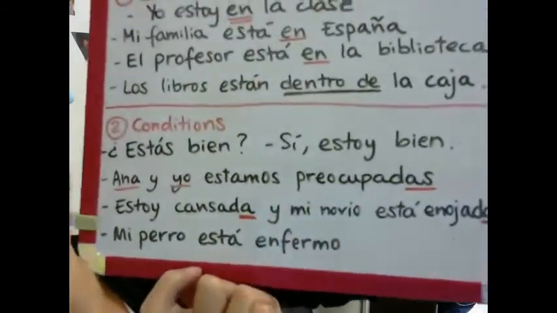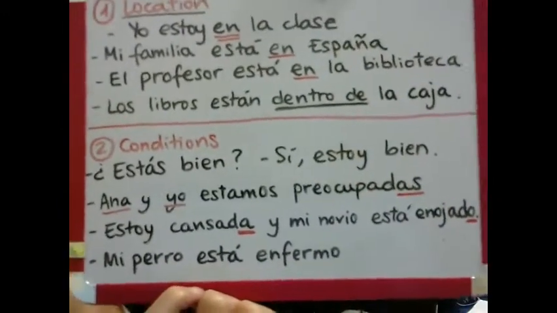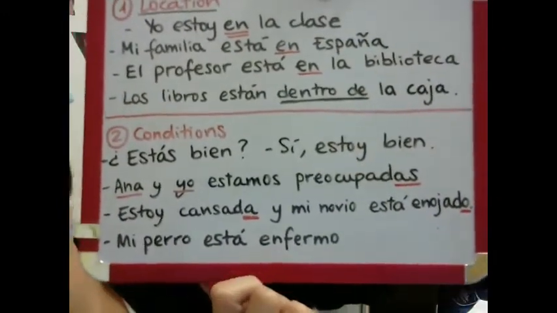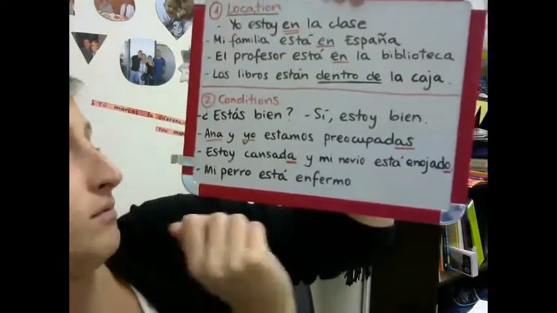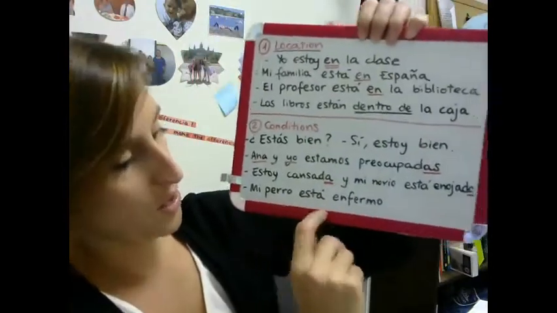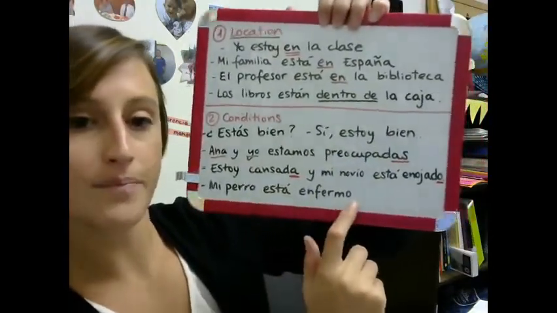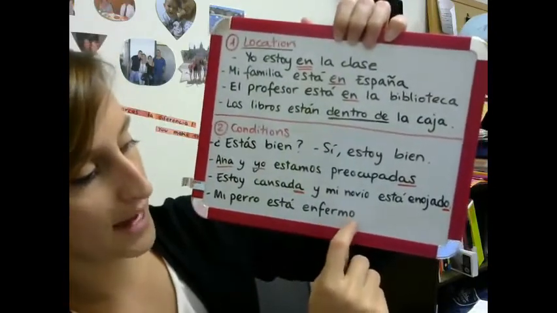And then mi perro está enfermo. My dog is sick. I suppose it's masculine, so it's enfermo. ¿Vale? So always be careful with that ending. And that's the very start. I will talk about ser and estar in a different video. Thank you. Adiós.